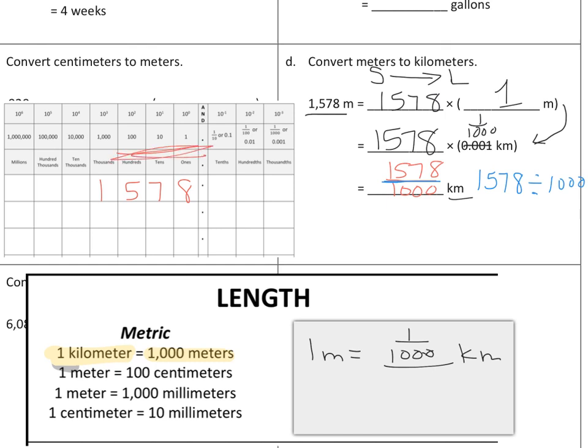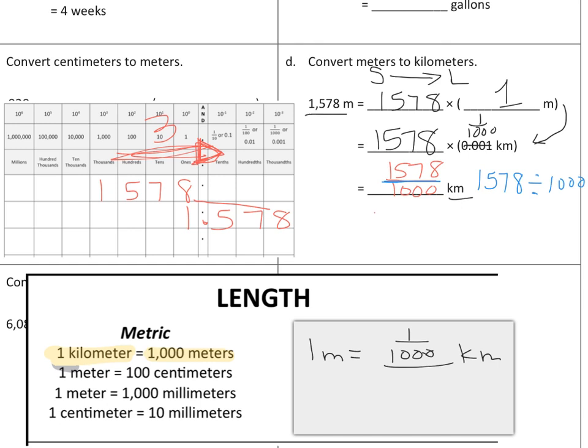Since we're dividing, we're going over to the right. That was a really bad arrow, but over to the right. How many times? Well, we're going to go over 3 times because there are 3 zeros in 1,000. So that 8 will go from the ones all the way to the thousandths. The 7 will go to the hundredths. The 5 will go to the tenths, decimal point, and the 1 will go into the ones place value.